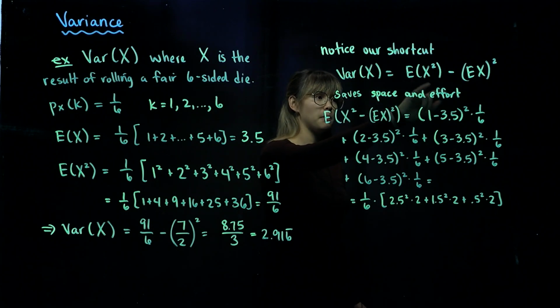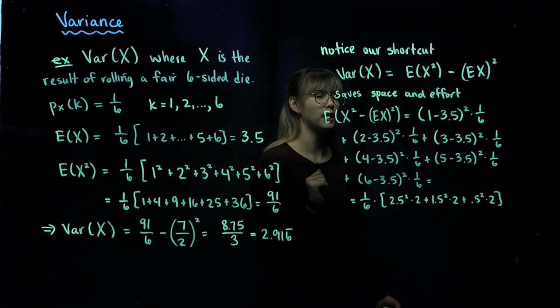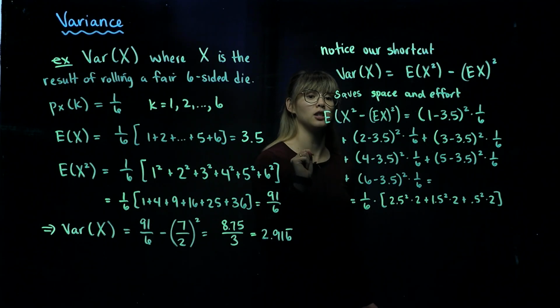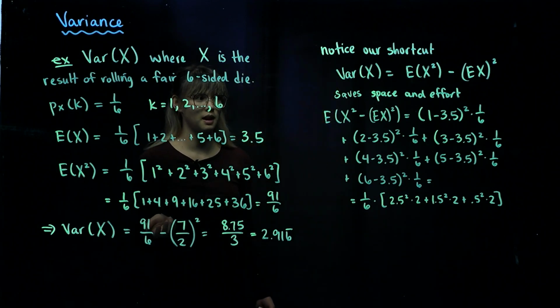All right, so let's compare this method of calculation, the expected value of x squared minus the square of the expected value of x, to the very first calculation that we showed you. We're going to see that it saves space and I think effort, but that is a matter of opinion.